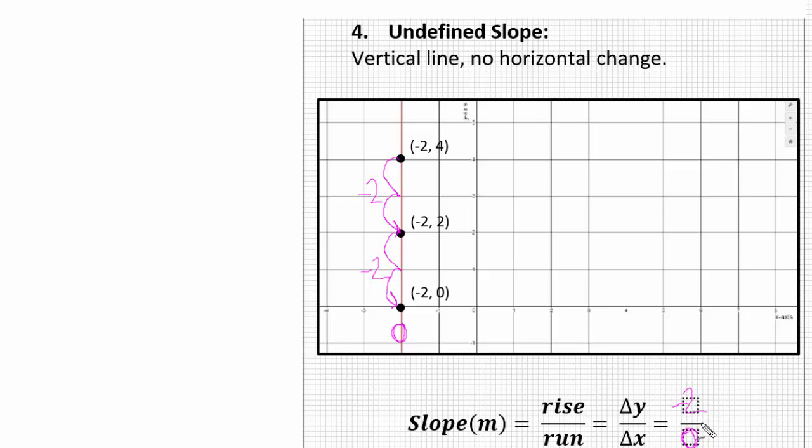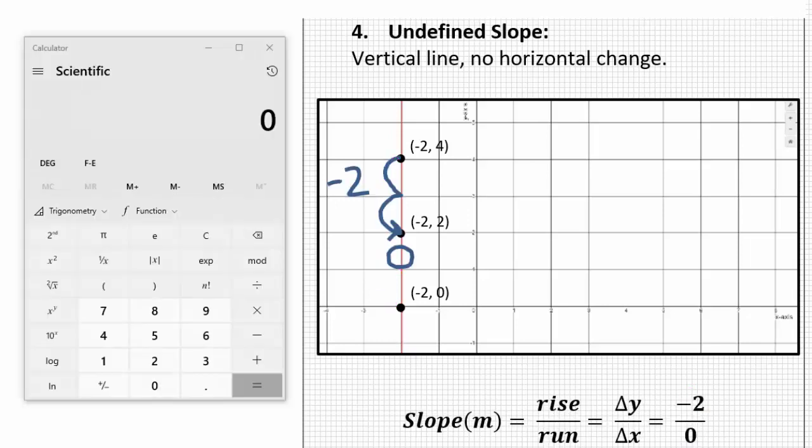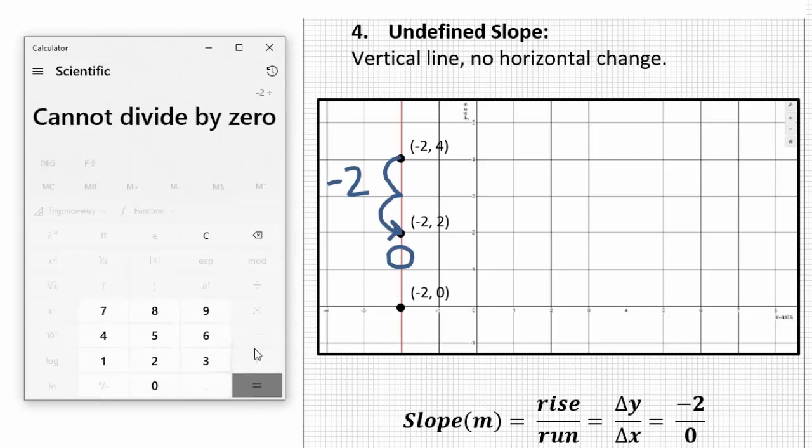So think about that for a minute. If you take any number and you divide by 0, what happens? Any ideas? What happens when we divide by 0? Sometimes students will tell me that the answer is 0, but that would be incorrect. So let's just take a look. If I have negative 2 and I am dividing that by 0, I get an error message or something similar to this one that says we cannot divide by 0.